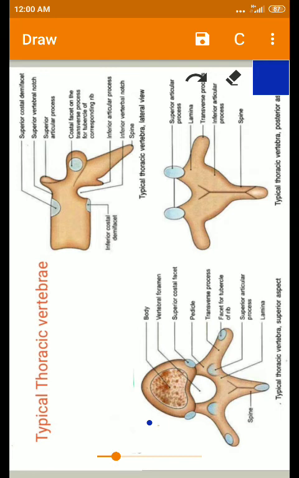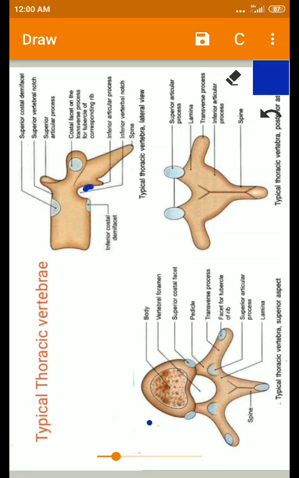Now we have seen the characteristics of the body as well as the attachments of the body of the typical thoracic vertebrae. Now coming to the vertebral foramen. Normally, the superior vertebral notch is somewhat shallow and the inferior one is deep, isn't it?